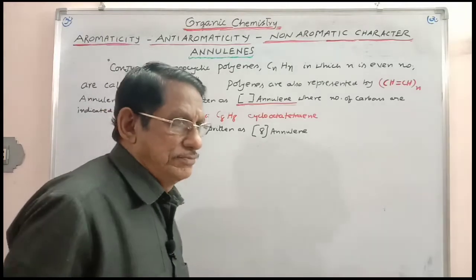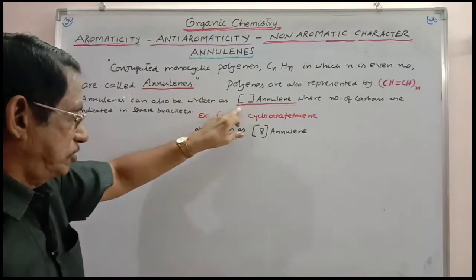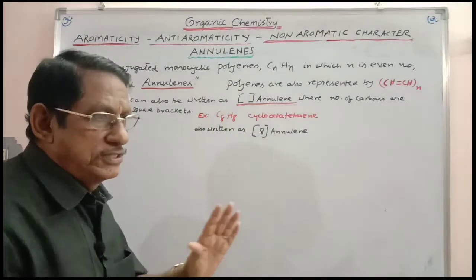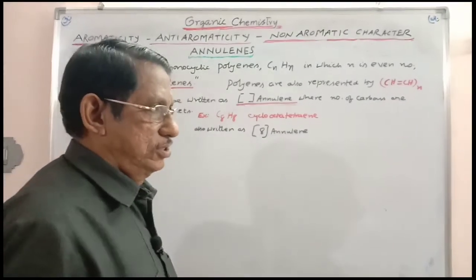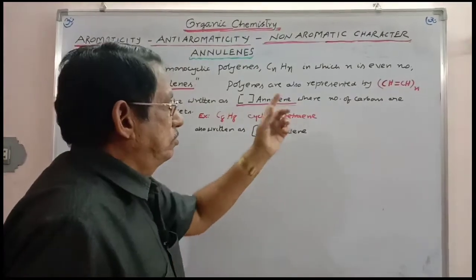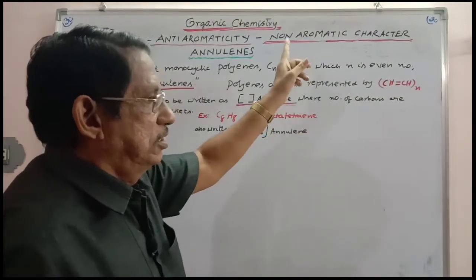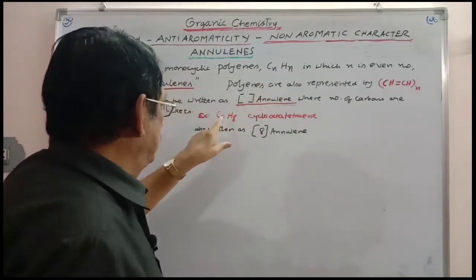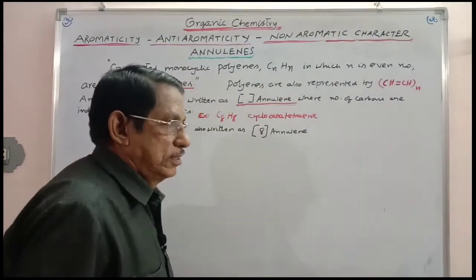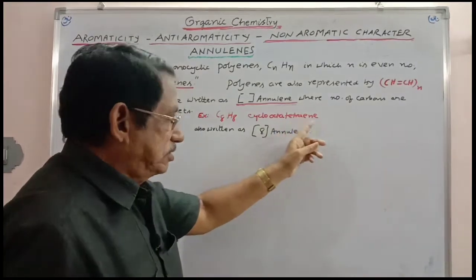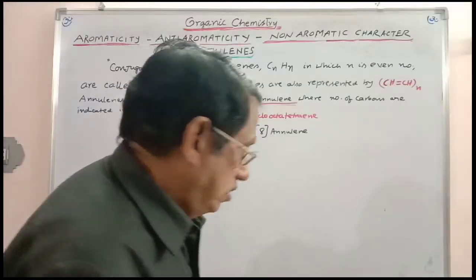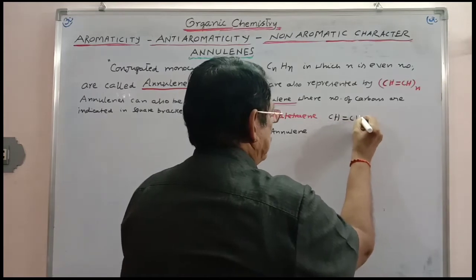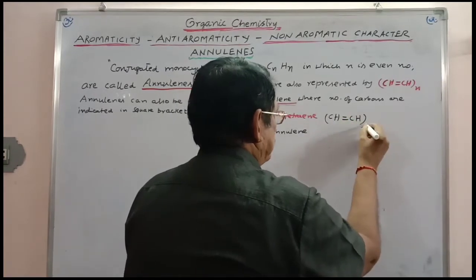While writing the name, first of all you have to write square brackets, and after that you write annulene. In the square brackets you write the number of carbons present in the annulene. For example, when n is equal to 8, that is C8H8, it can be called cyclooctatetraene, as you can also represent this as CH double bond CH, 4 times.